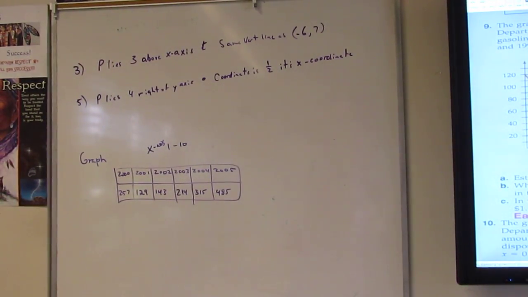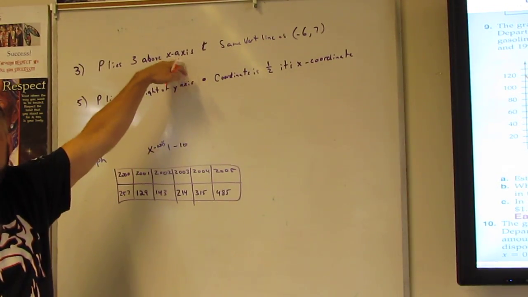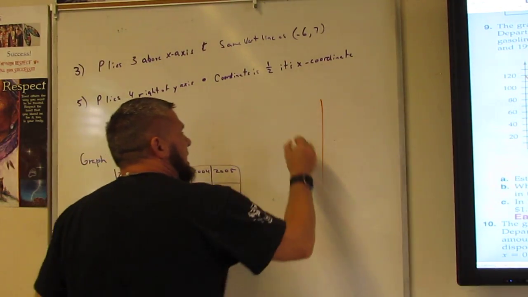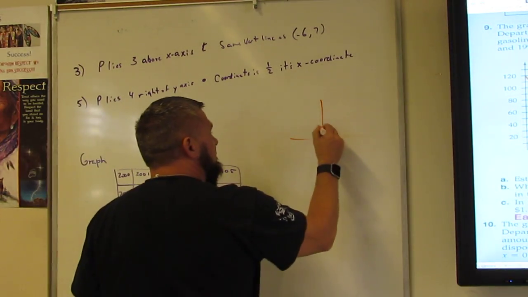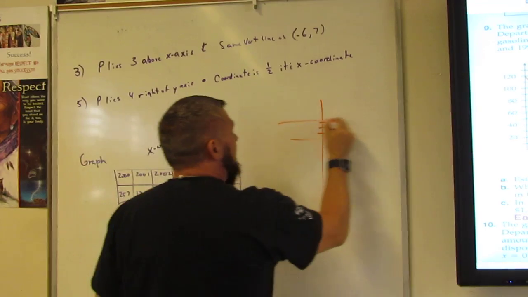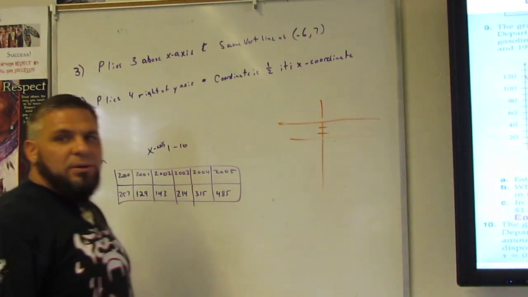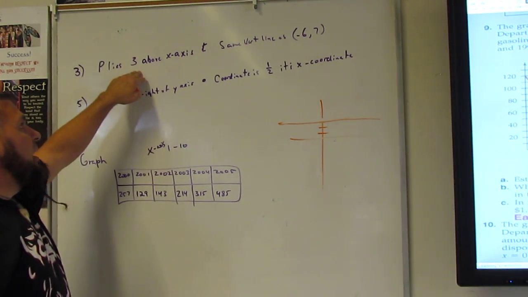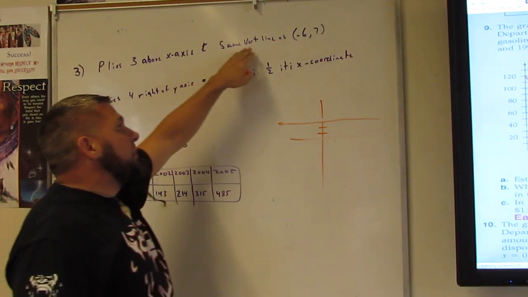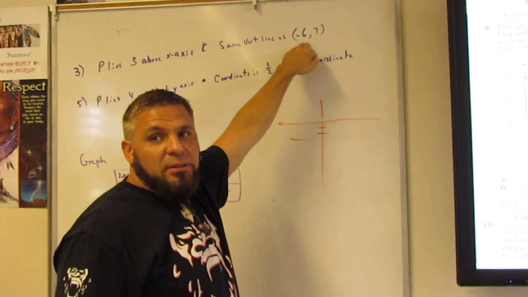Okay? P lies 3 above the x-axis. So if I have a graph, 3 above the x-axis would be 1, 2, 3, right? So somewhere around here. Where on that line is this going to be if it's 3 above the x-axis with the same vertical line as this point?